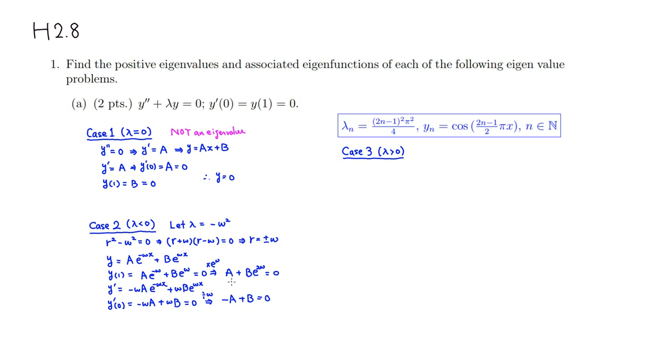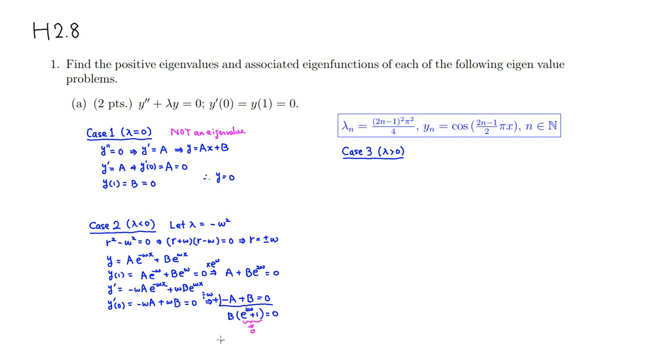Then we can simply add these two equations together. B is in common, so we get b times e to the 2 omega plus 1 equals 0. But e to the 2 omega plus 1 is never 0, so that forces b to be 0.